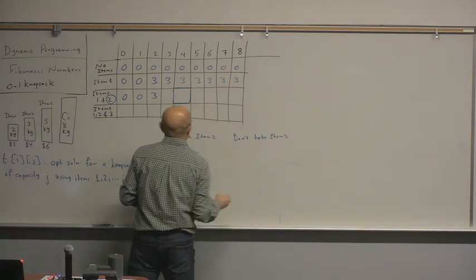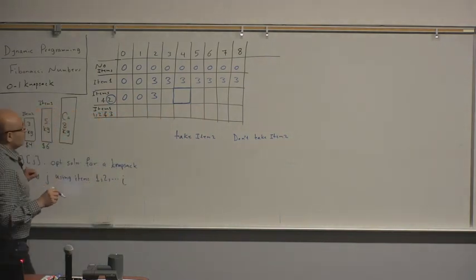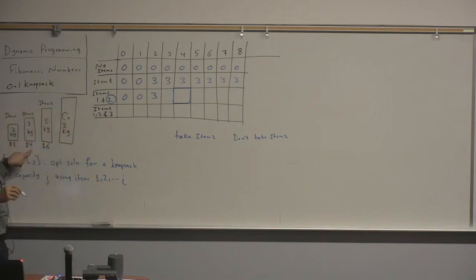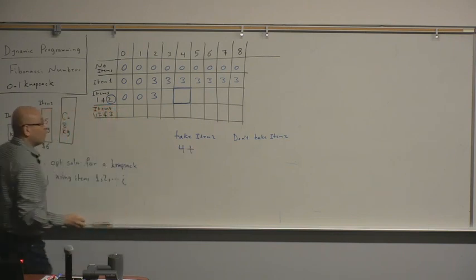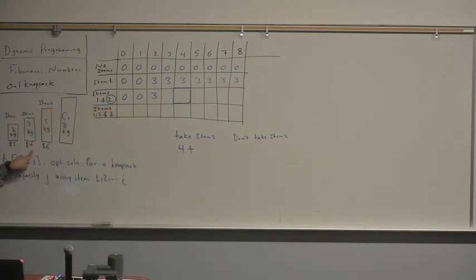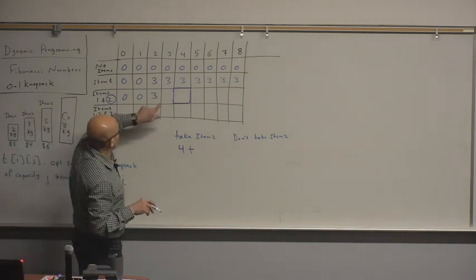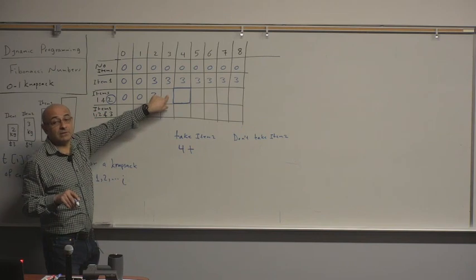Now, if I take item 2, I will get a value of at least 4, which is the value of item 2. Then I will add to it whatever I can fit after I take item 2. What will be the remaining capacity after I take item 2? 0.